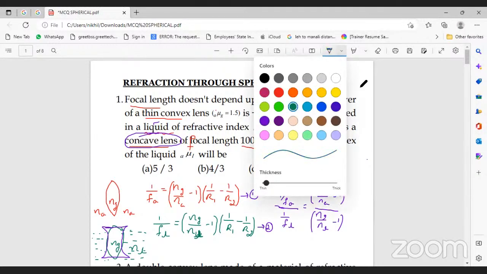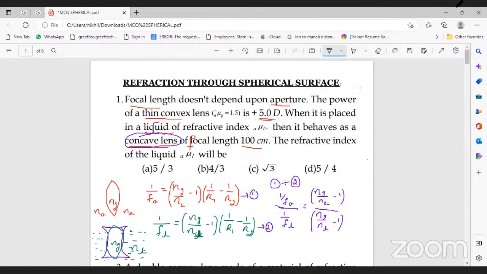Yes, sir. Now this FL goes to the numerator. So FL divided by FA is equal to the numerator Ng minus 1, because the refractive index of air is 1, whole thing divided by (Ng by NL minus 1).